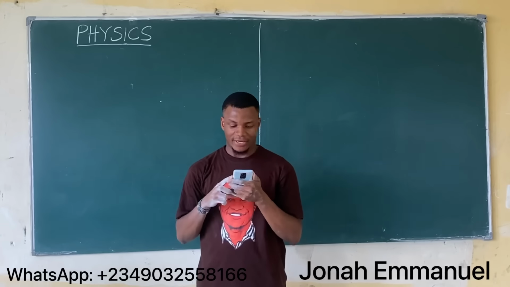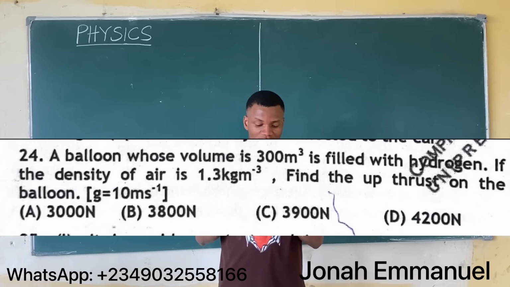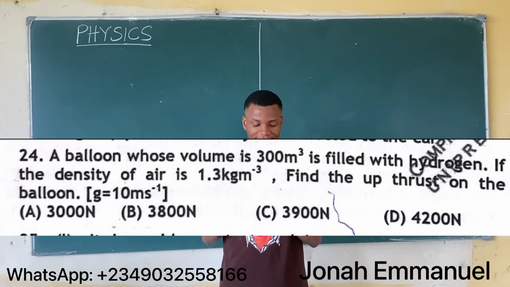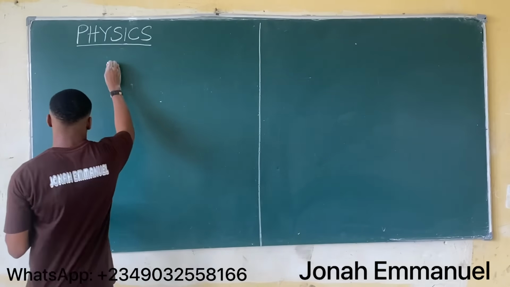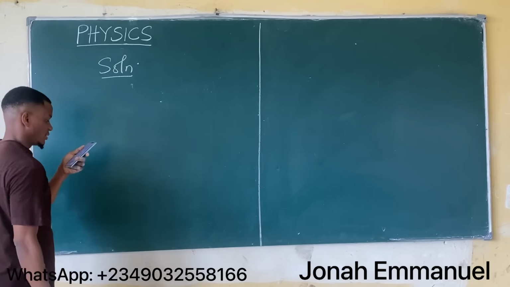Alright, let's try this question here. So this question says, a balloon whose volume is 300 meter cube is filled with hydrogen. If the density of air is 1.3 kilogram per meter cube, find the upthrust on the balloon. So solution. So this is quite straightforward.